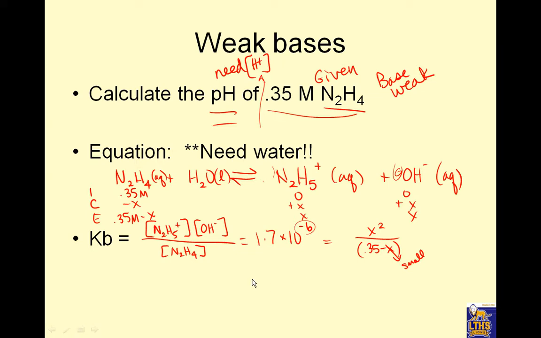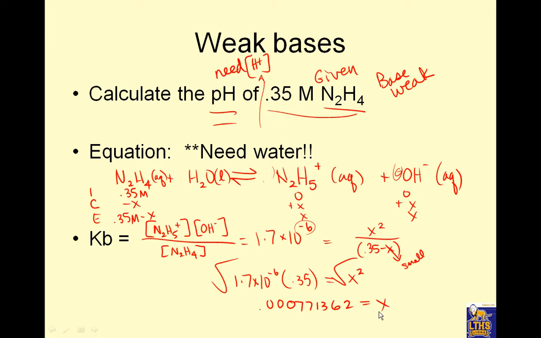Okay. So then this is going to be 1.7 times 10 to the negative 6 times 0.35 is going to be equal to x squared. So then you square root both sides and you get, let's see what I got. See, I practiced these ahead of time for you guys. I get 0.000771362 is equal to x.